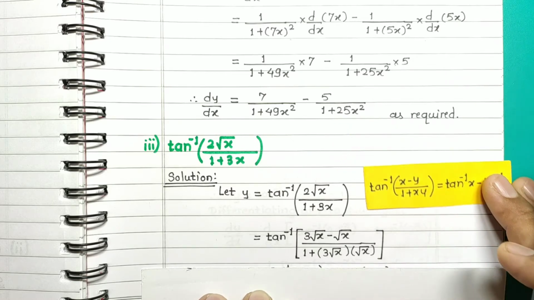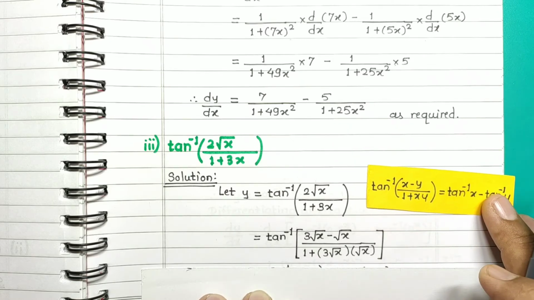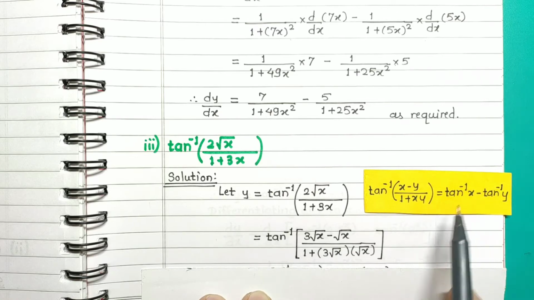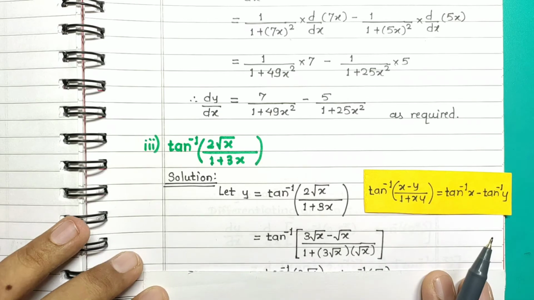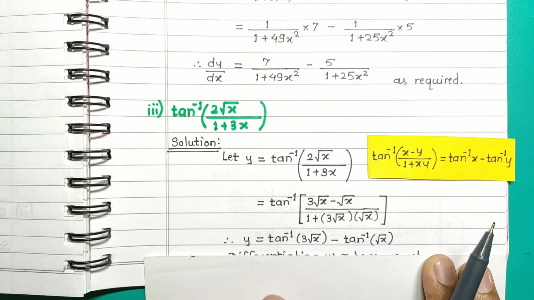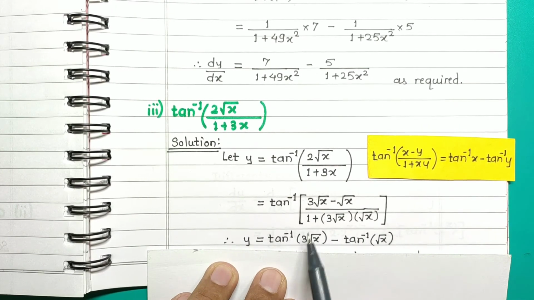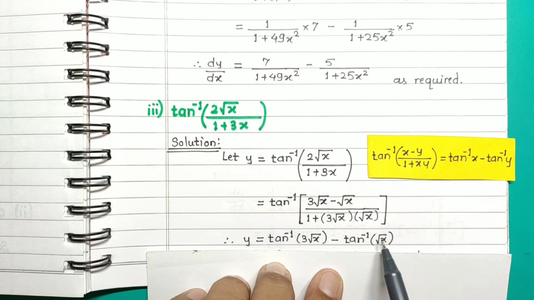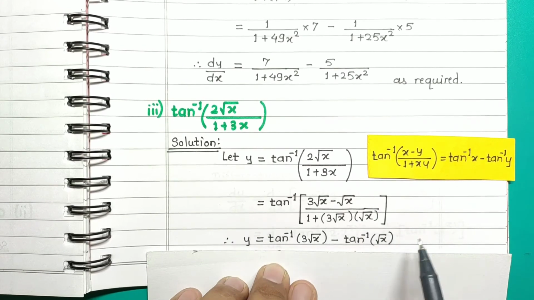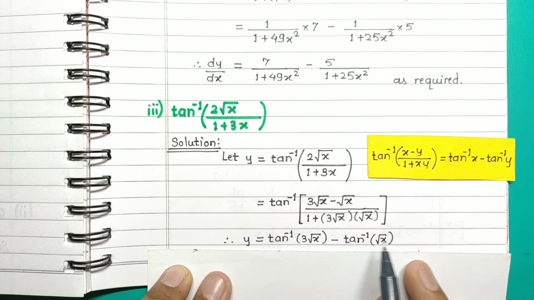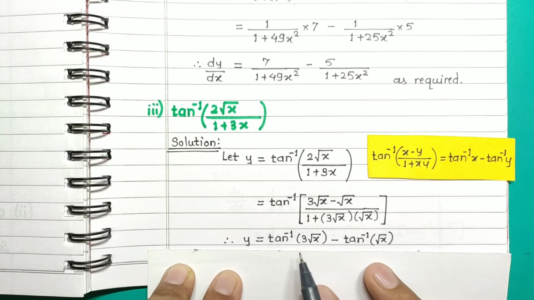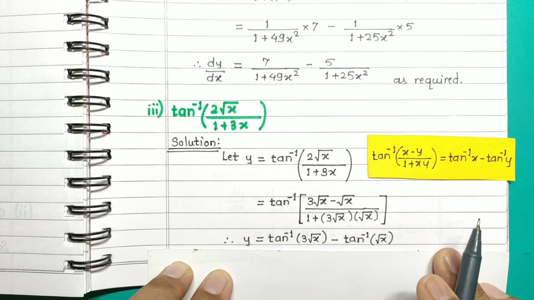So we have arranged terms like this property. So like this we can split this function. So we can write it as, see, y is equal to tan inverse of the first term 3 root x minus tan inverse of the second term root x. So we have this simplified function at this step. Now we can differentiate it easily.